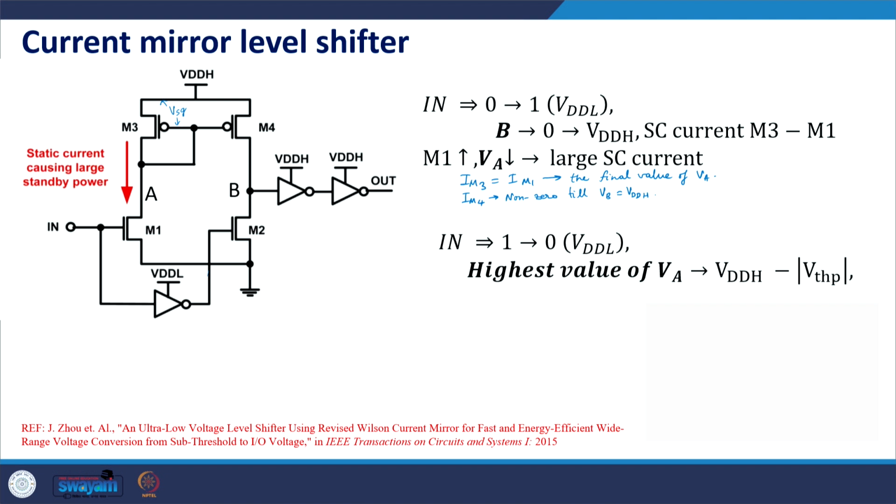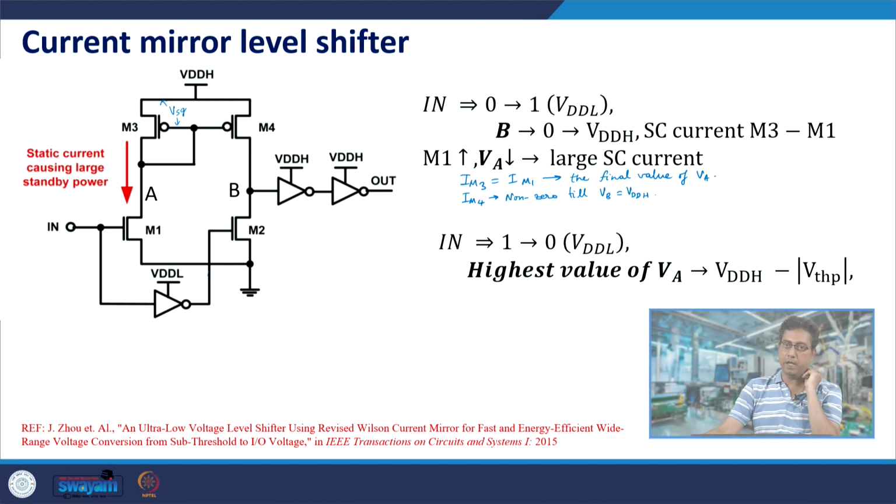Whatever be the value of final VA, the value of VB would be VDD-H, because M4 would keep on charging till its VDS is 0, because its VGS has a magnitude which is larger than the threshold voltage. So, its VGS is sufficiently large and it does not change, because VA has come to a constant value where IM3 is equal to IM1.